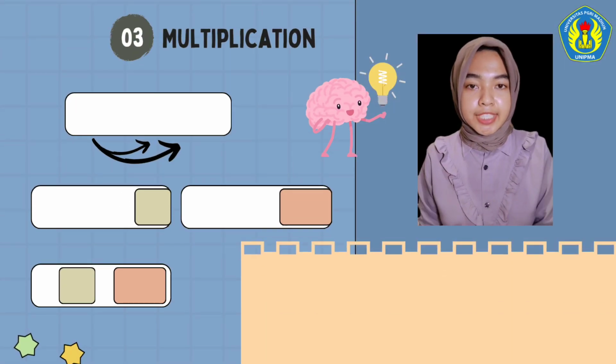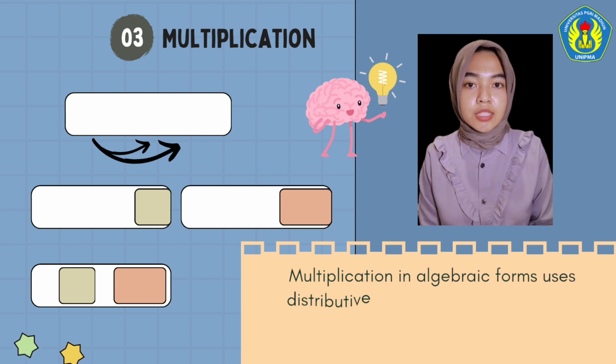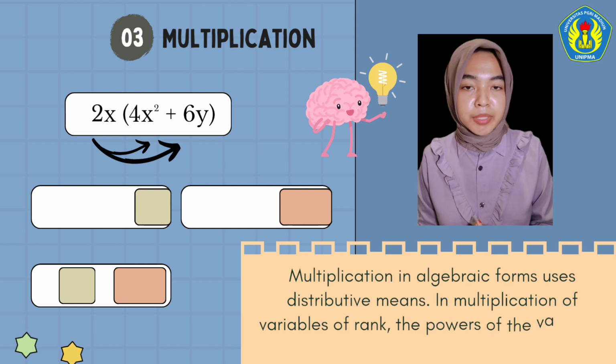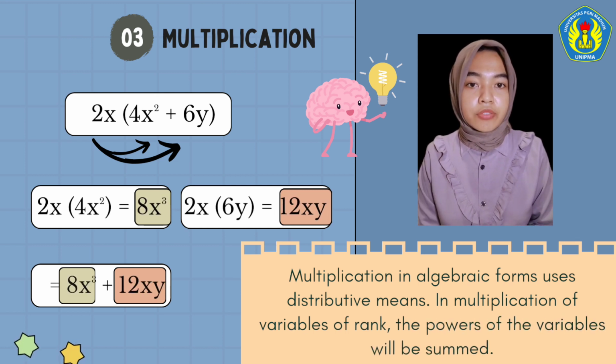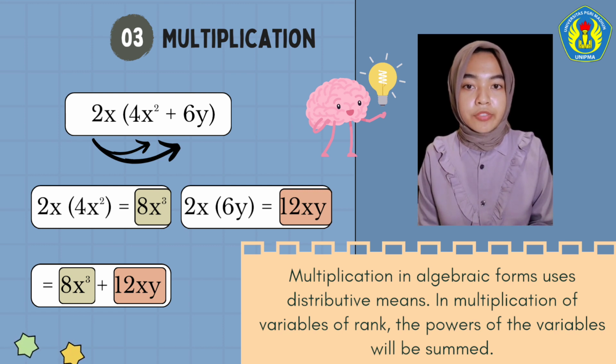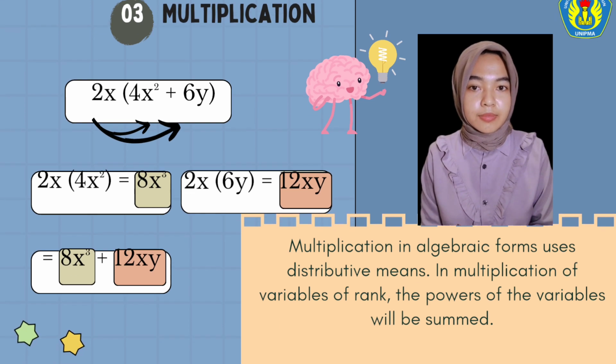Next, multiplication. Multiplication in algebraic form uses the distributive method. In multiplication of variables with powers, if the variables are the same, then the powers are added. If the variables are not the same, then the variables are all written down.